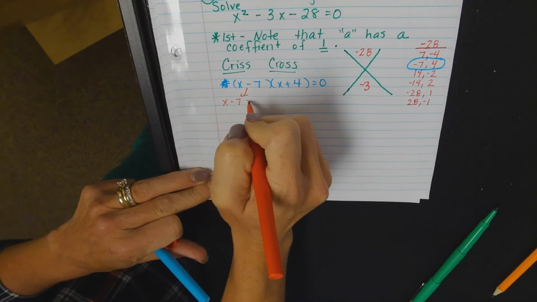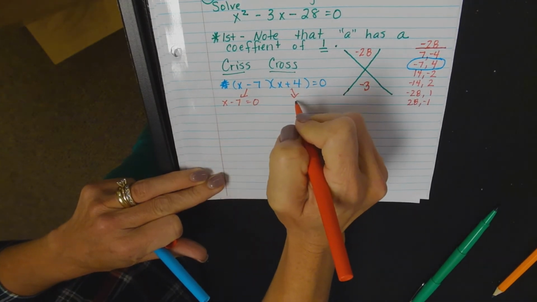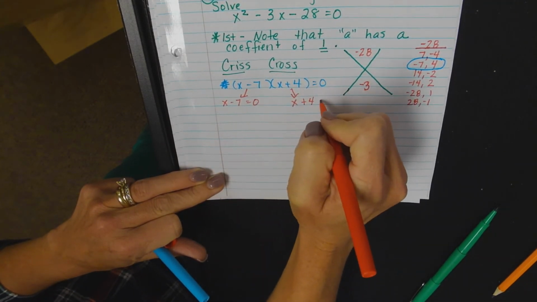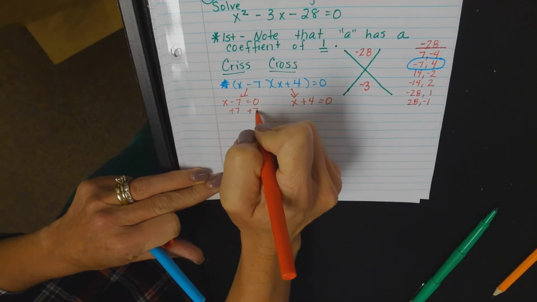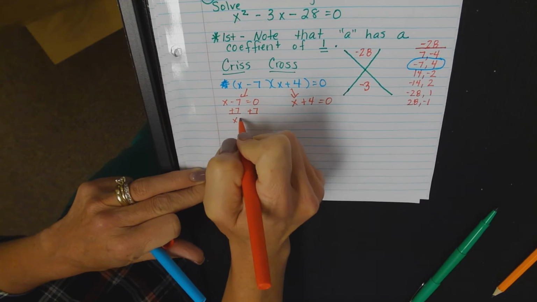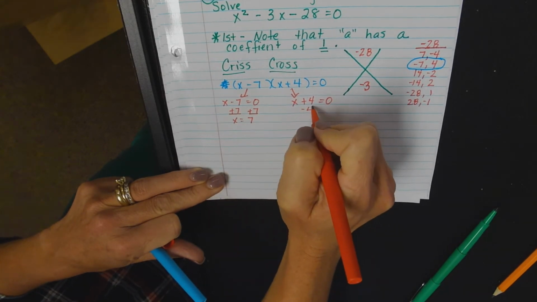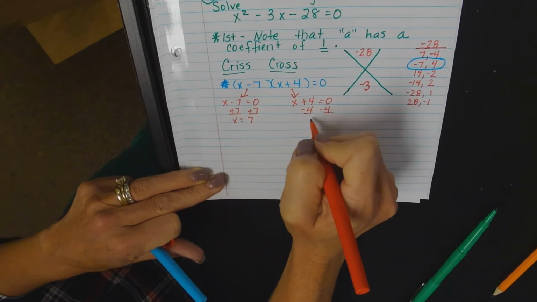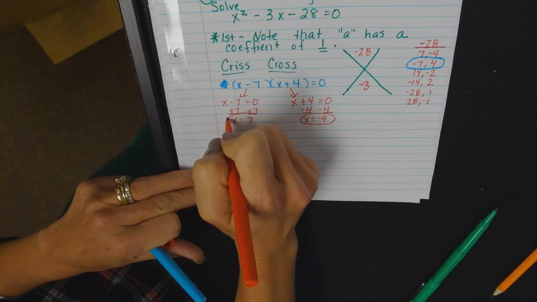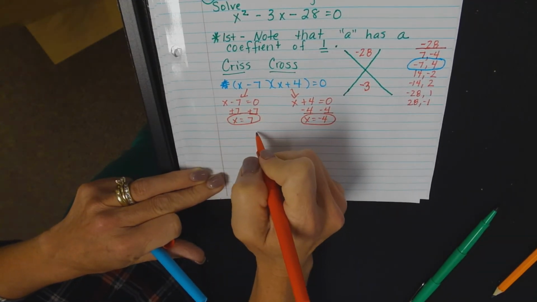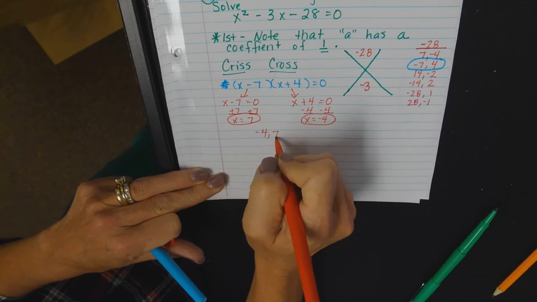X minus 7 equals 0. X plus 4 equals 0. Add 7. I know you can do this in your head, but it's the same thing. Answer, -4 and 7.